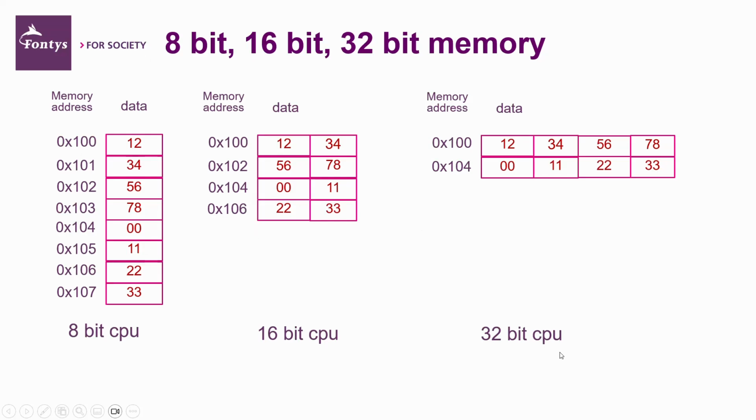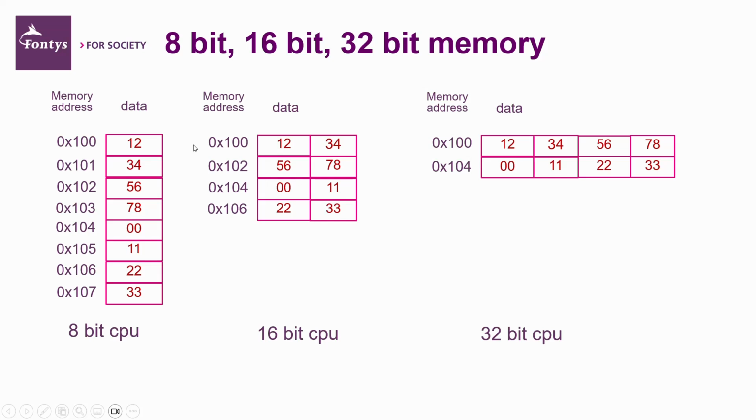Well, even later we got 32-bit CPUs, and in your PC you already have 64 and so on. And there the same principle applies. So it stores 4 bytes on a memory location, 32 bits, and they are all stored at a byte boundary, let's call it like that, which means that the first one in this case is stored at address 100, and the second one is stored at 104, and then the next one 108, etc. So here we have 4 bytes connected together.